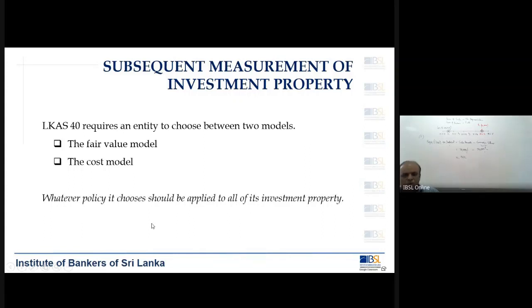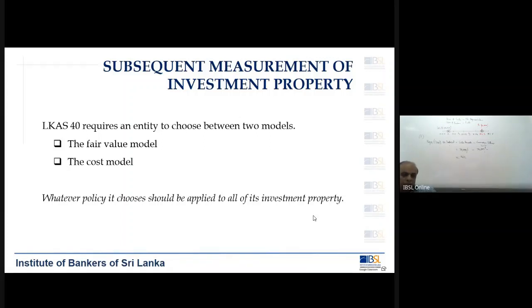Whatever policy the company chooses, it should be applied to all of its investment property. I gave you an example also, the 5 buildings that we considered for revaluation, where 2 buildings were impacted by the tsunami and the remaining 3 buildings were not, so they had a higher value, but the 2 buildings impacted by the tsunami had a lower value.